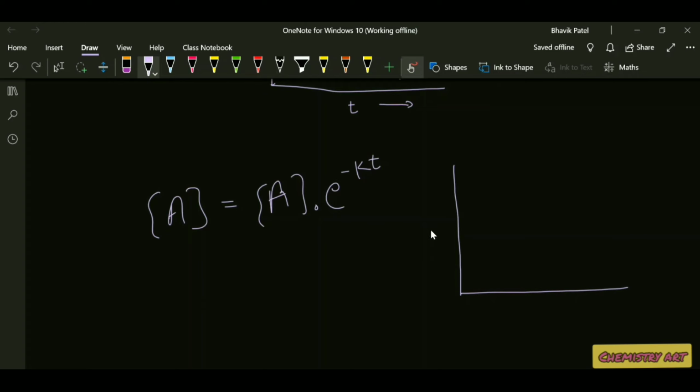On the x-axis we are taking t, and on the y-axis we have to take A. Here A naught is the constant, so it is giving the intercept on the y-axis. Now the concentration is continuously decreasing, but this is not a straight line equation, so it will not give a straight plot. It will be like this. It is giving a curve, and at t equal to infinite, it is giving the value 0.